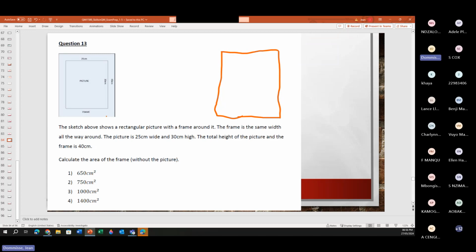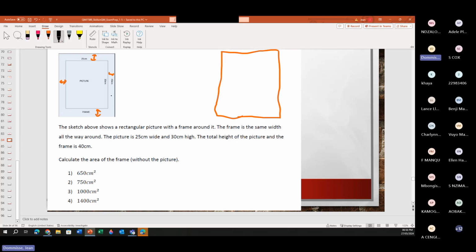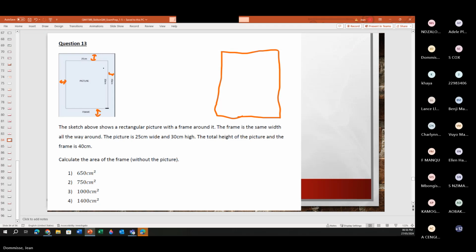Okay, so what they mean is that width, that width, that one, and that is all the same. If we know that this is 50, and this whole thing is 40, that must be 5 plus 50 plus 5 to get us the 40.